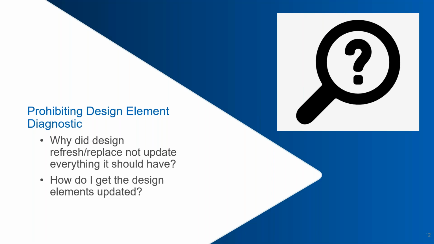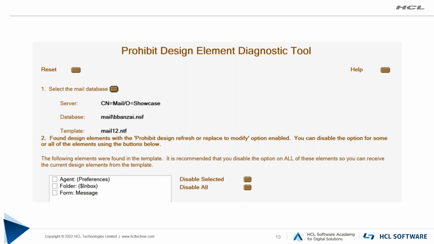So as a user of this utility, you can go ahead and use the prohibit design element diagnostic tool. Again, you're going to define that database of the user, and it's going to return back to you a list of design elements where the prohibit replace design flag is set.